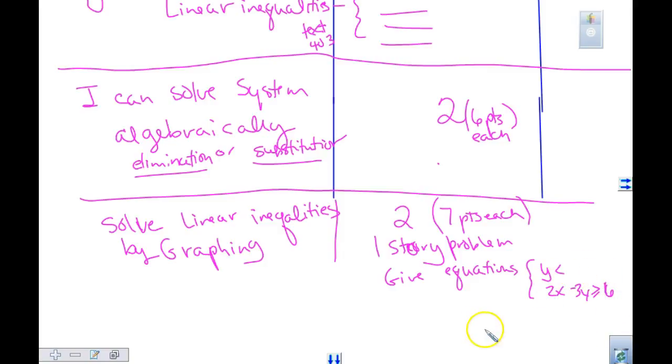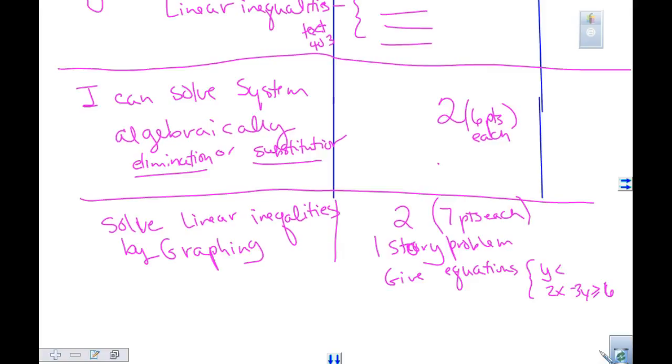I give you 2 equations and I say graph. I'm looking for, is there a solution? Do they overlap? You shade it really dark. If there's no overlap, then I would just be looking at you telling me there was no solution because the 2 did not overlap at all. So this is pretty much what the test is.